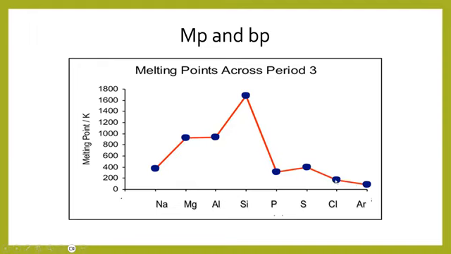Chlorine, 17, but goes around as Cl2, so 34. Phosphorus is number 15, but goes around as P4, so that's 60 electrons. And then sulfur goes around in rings of 8. So metallic, metallic, metallic, giant covalent like diamond, and simple.